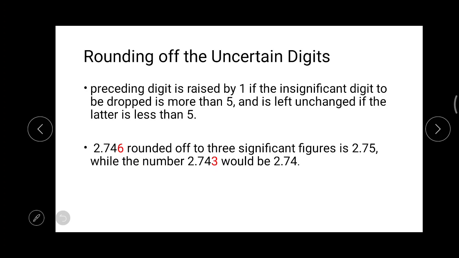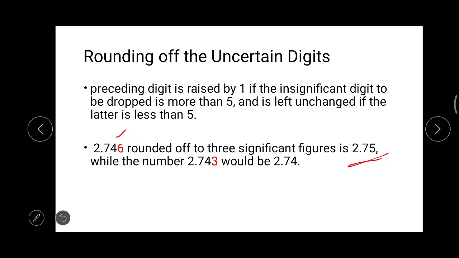If that number is more than 5, then the preceding number will be raised by 1. Here in the example it is 2.746, so the uncertain digit is more than 5, then the preceding number will be raised by 1, that is 2.75. Are you following?